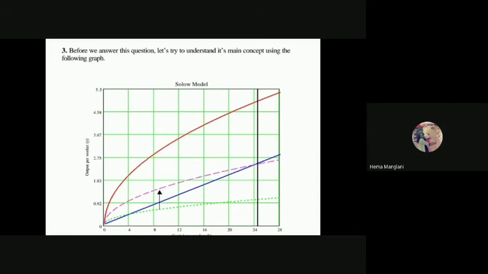This green line is the saving function of the economy. Now the capital and saving intersect here, for your capital K star, which is equal to 4. And you assume your saving rate is 0.2.